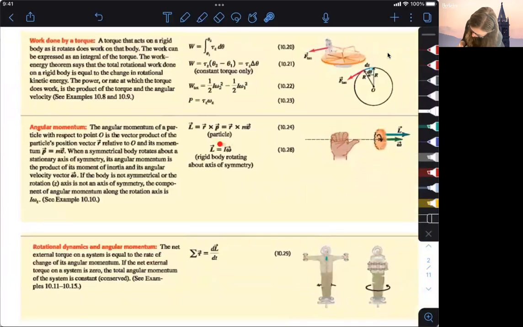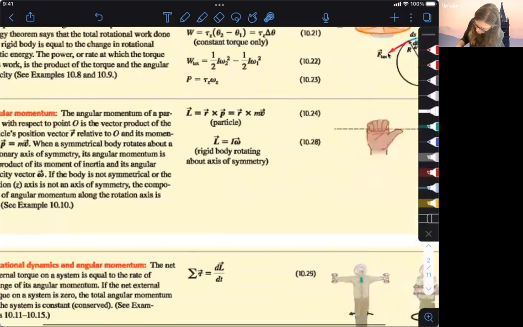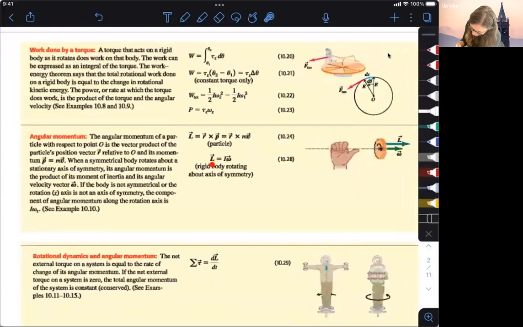Okay. So we also have an equation for angular momentum. We talked about this previously, but if we have a rigid body rotating about this axis, we need the total I_CM and then just the angular velocity. This gives us the angular momentum for the system.